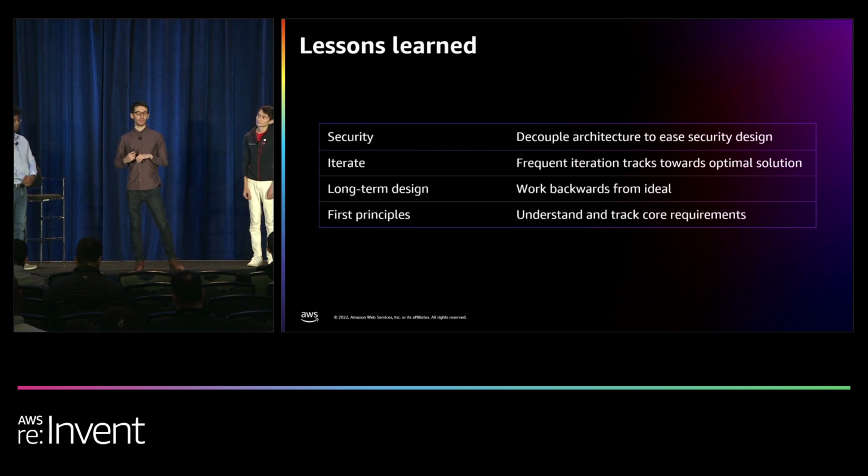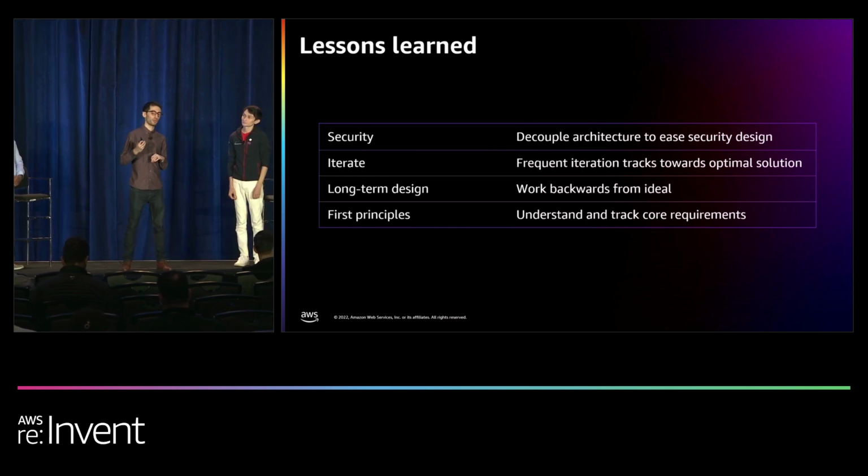Next, long-term design. We're working backwards from an ideal solution that we talked about. There's never a perfect solution, but we do have a North Star of the critical components that we're working towards. In order to balance the long-term ideal solution, which really doesn't exist in practicality, we design from first principles.